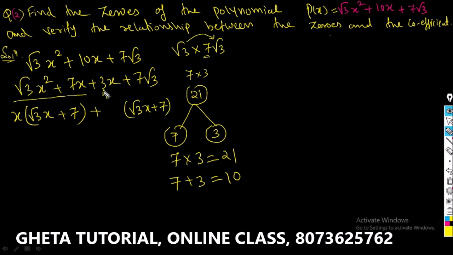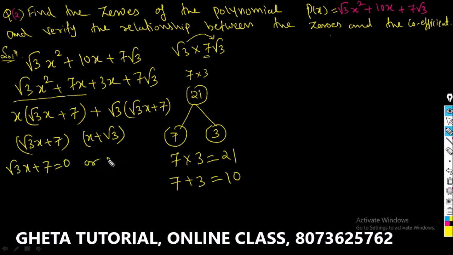Now here you have 3, so again you have to multiply by root 3 only. See, the answer we got. Factorization is very simple whenever a root question is given. So I can write root 3x plus 7 and x plus root 3. So root 3x plus 7 is equal to 0, or x plus root 3 is equal to 0.